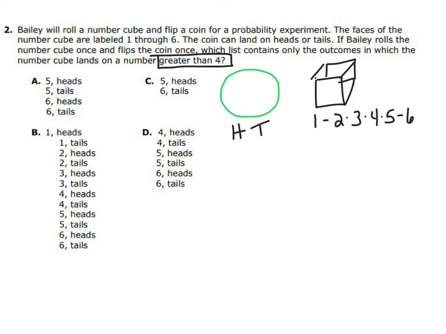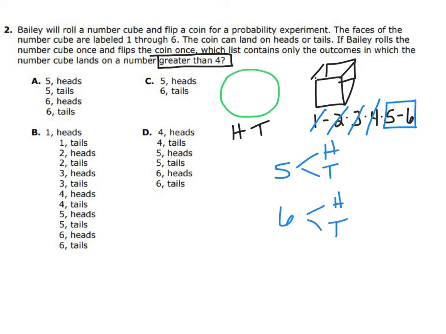So I know 1 is not greater than 4. 2 is not greater than 4, 3 is not greater than 4, and 4 is not greater than 4. So the only 2 outcomes would be 5 and 6. So we're looking for the cube to be 5 or 6, and then the coin to be heads or tails.